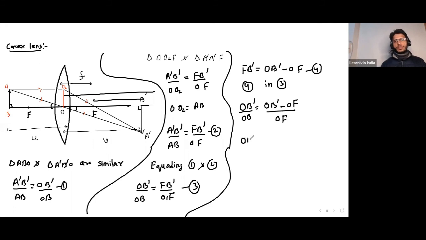Now, if I start substitution, what is OB? OB is your object distance, it's minus U. What is OB prime? OB prime is your image distance, which is V. What is OF?